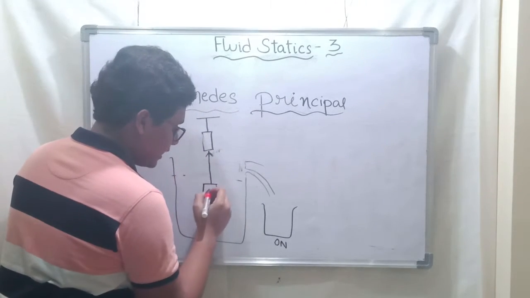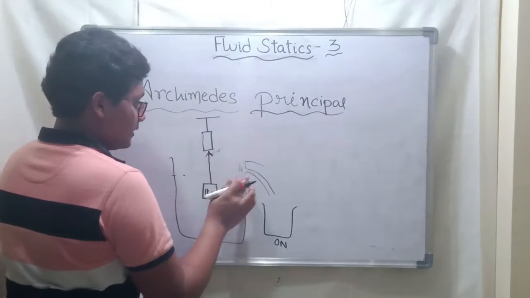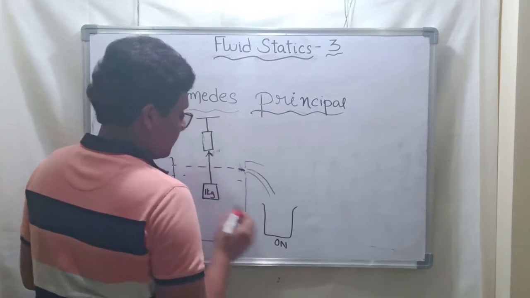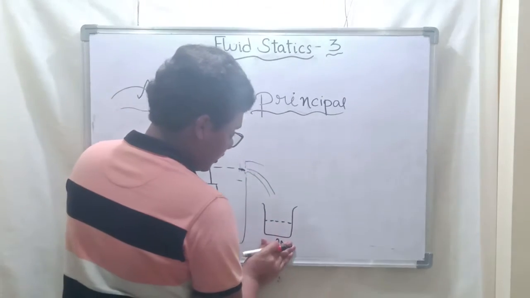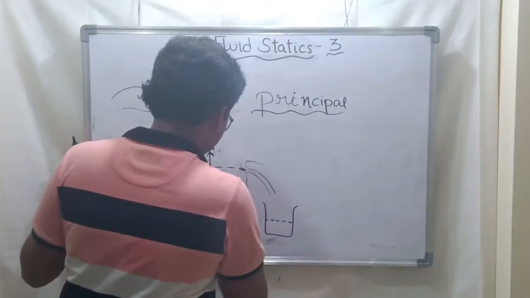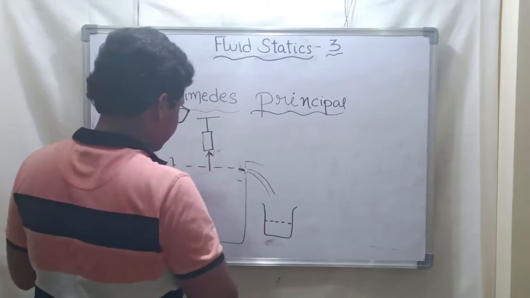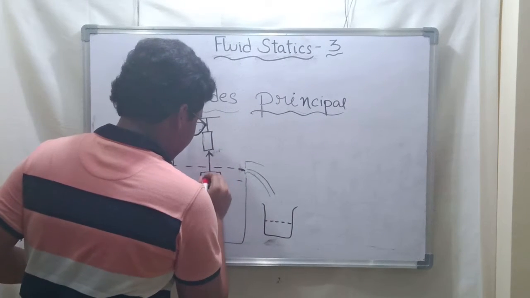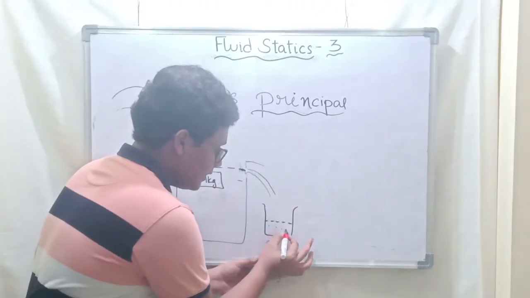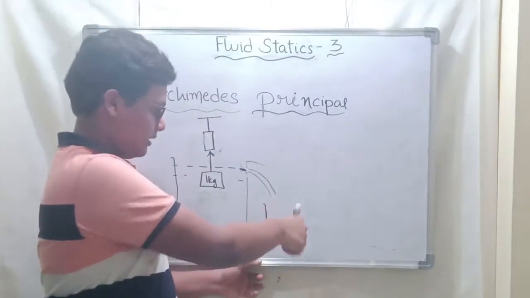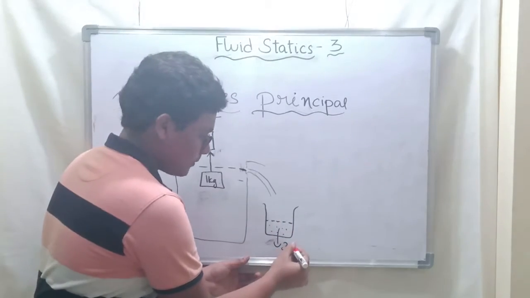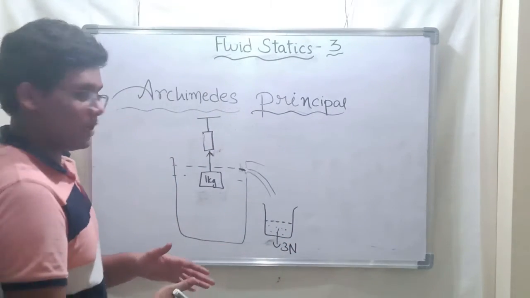Now when it is submerged in water, if the weight of the displaced liquid is acting downwards, some 3 newtons, some weight is displaced.